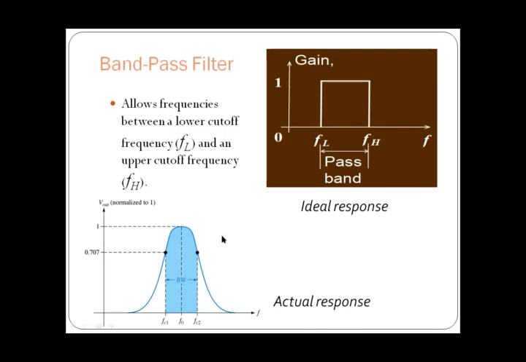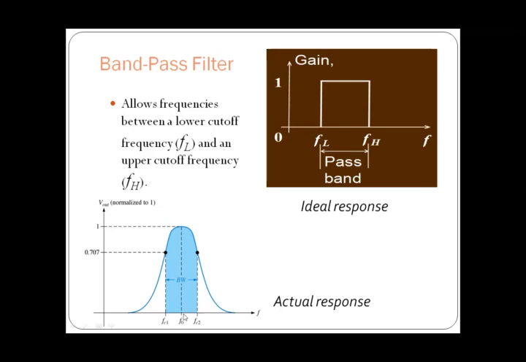When we consider the practical response of the band pass filter, here you can see FC1, which is decided by the high pass filter, and FC2, which is decided by the low pass filter, and the maximum gain is obtained at F0.